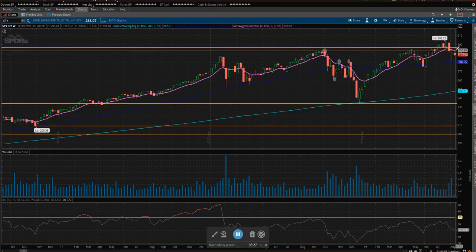If I'm putting spreads on from a weekly perspective here, then I'm absolutely putting them on until we break through this 292, right? I look at this chart and I really just don't see how... we've broken down.